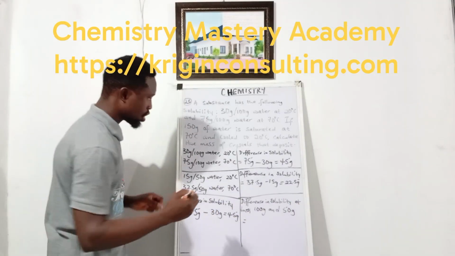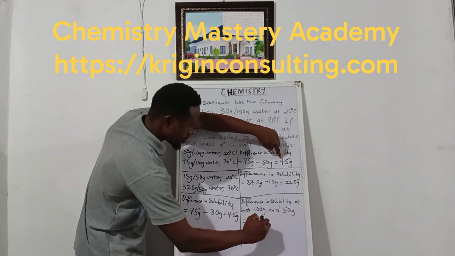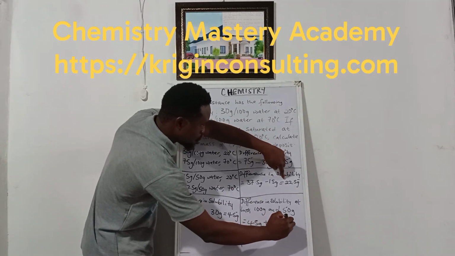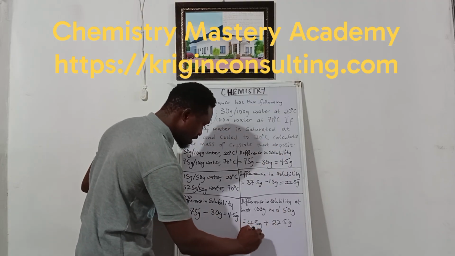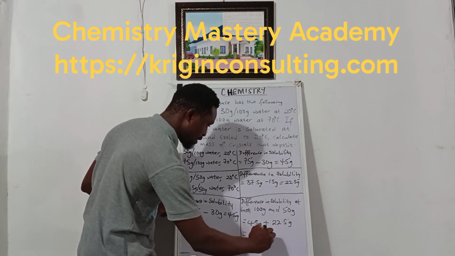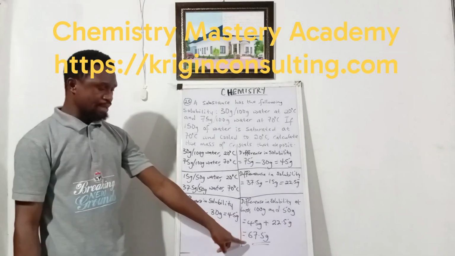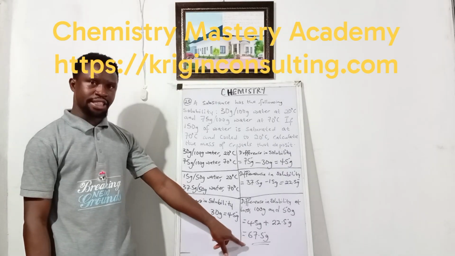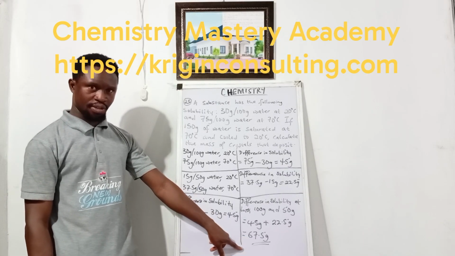Their sum. Okay? So 45 gram plus 22.5 gram. This will give us 67.5 gram. Okay? So this is the mass of the crystal that will be deposited at what? 50 degrees Celsius.